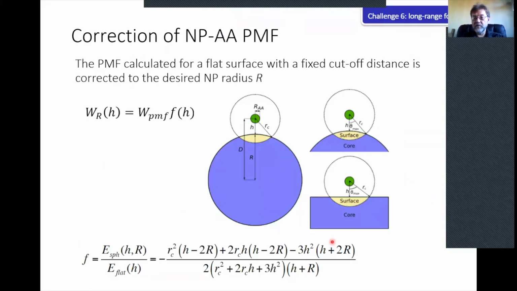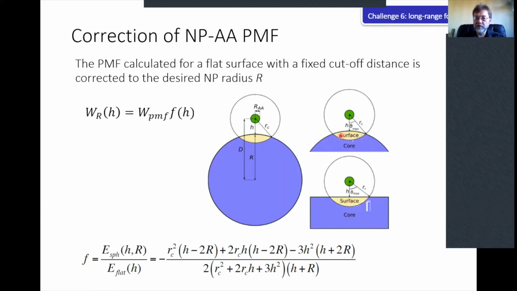So after that, we can run the implicit water model. Okay, then if we simulate it for a slab, for a flat surface, we need to correct it for spherical particles. And we do it using a simple continuous theory. This is how we handle our last challenge, the long-range forces. What if the surface is not flat? For flat, within the molecular dynamics cutoff distance, like 1.5 nanometers, we have only this kind of length part of the surface.